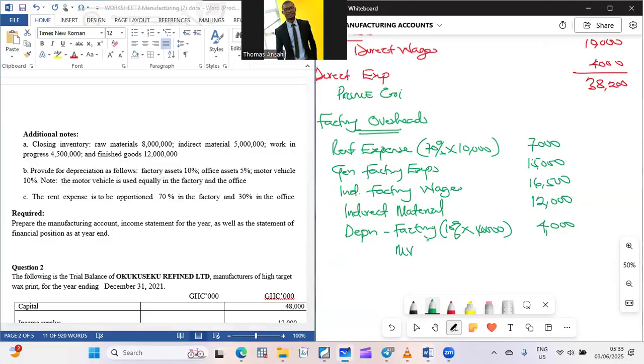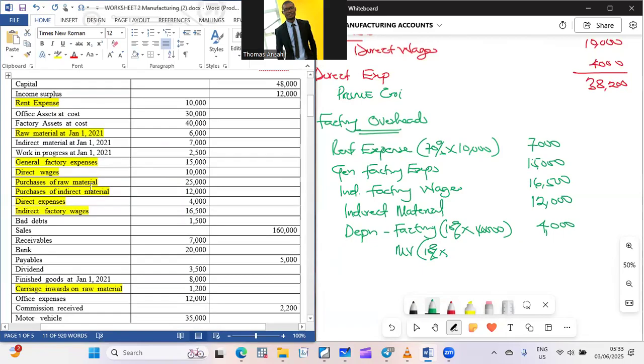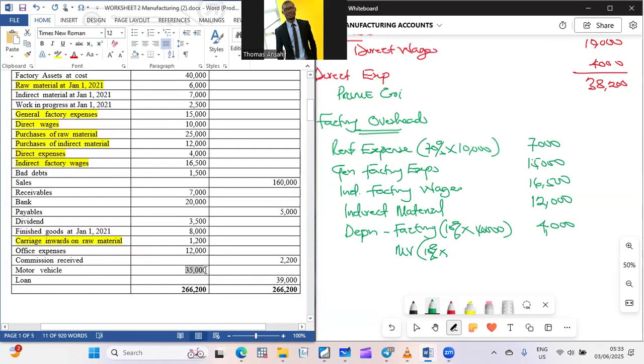So motor vehicle, what is the depreciation? Is 5%, right? Factory asset, motor vehicle is 10%, sorry. And how much is the motor vehicle? Here you are. It's 35,000. And it's supposed to be split equally. So meaning 50% will come to the factory. So we have 3,500 divided by 2, right? So that gives me 1,750.